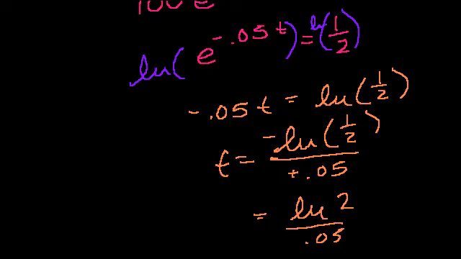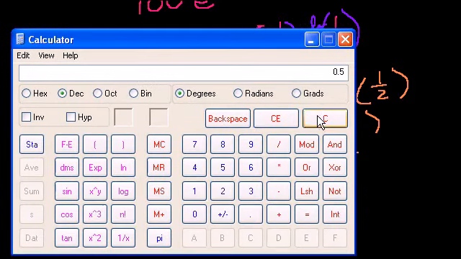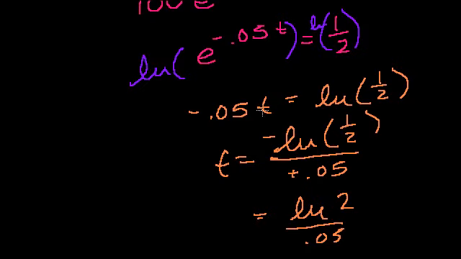It makes the calculator math a little easier. So if I do the natural log of 2 divided by 0.05, it is equal to 13.86.